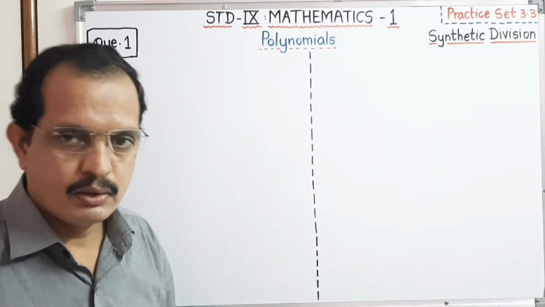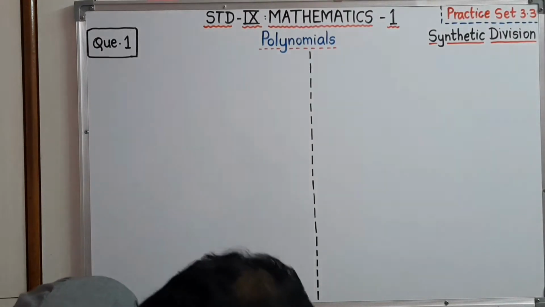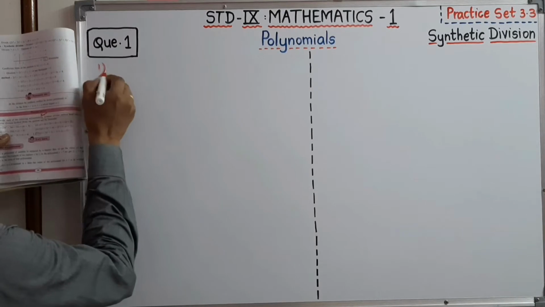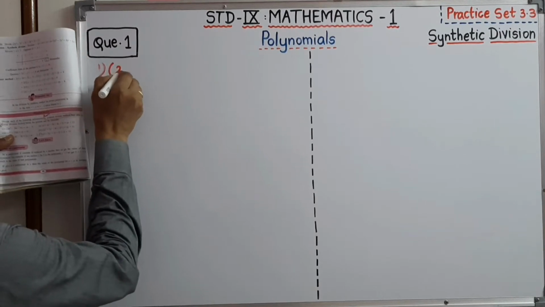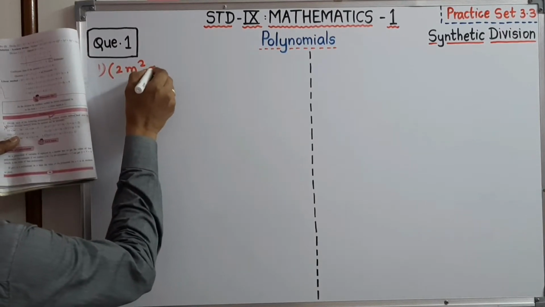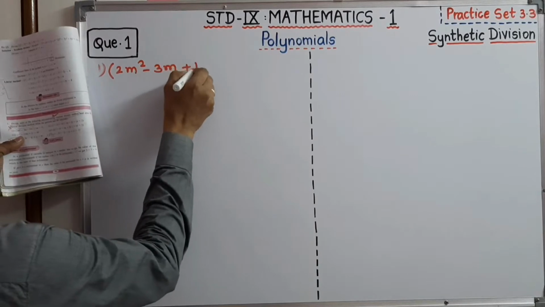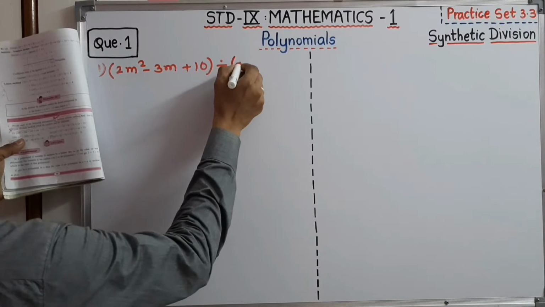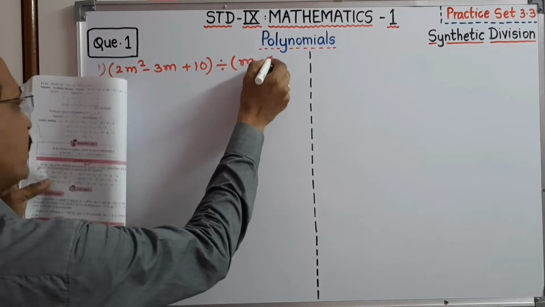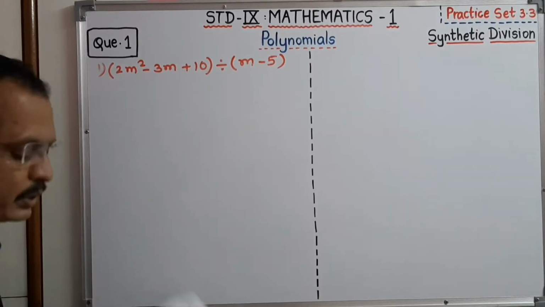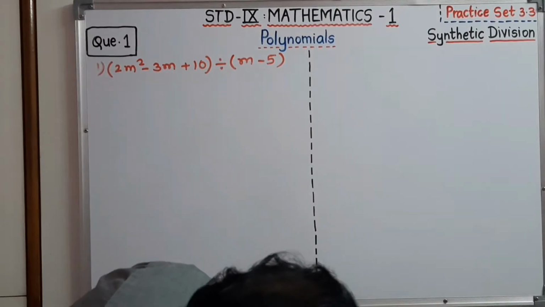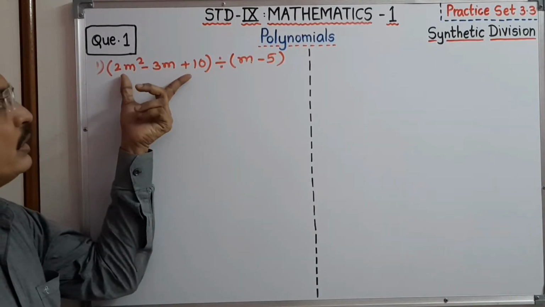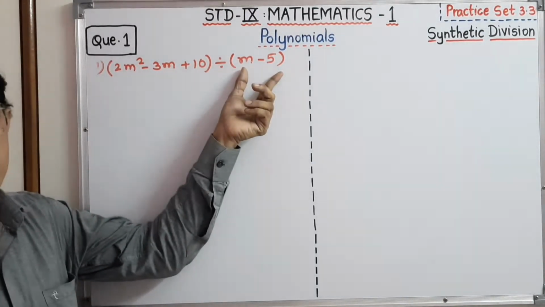Now see here, we start with the first sum. In that, the polynomial given is 2m square minus 3m plus 10. This polynomial we have to divide by m minus 5. Now dear student, all of you know this is one polynomial and this is another polynomial.